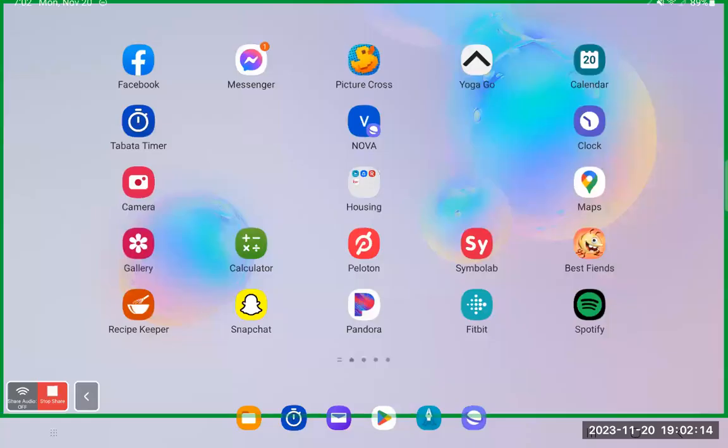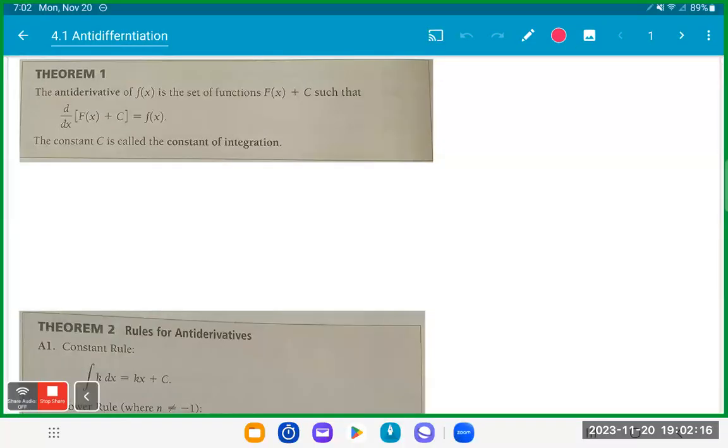So while I'm transitioning over to our slides, I will mention that tonight we're going to cover 3 sections in chapter 4, and then that will leave next Monday night. We will cover the remaining 2 sections and the final exam review.